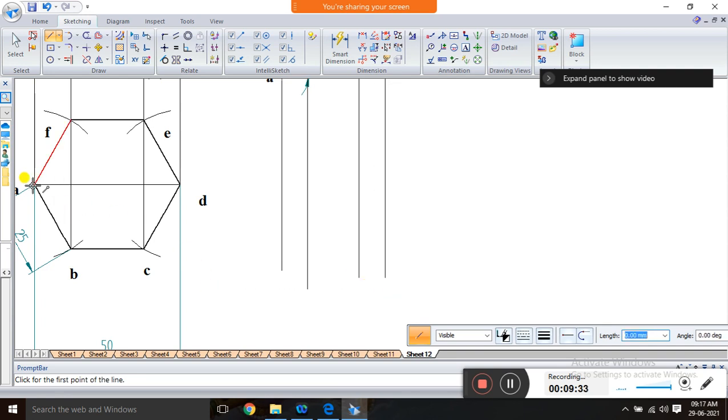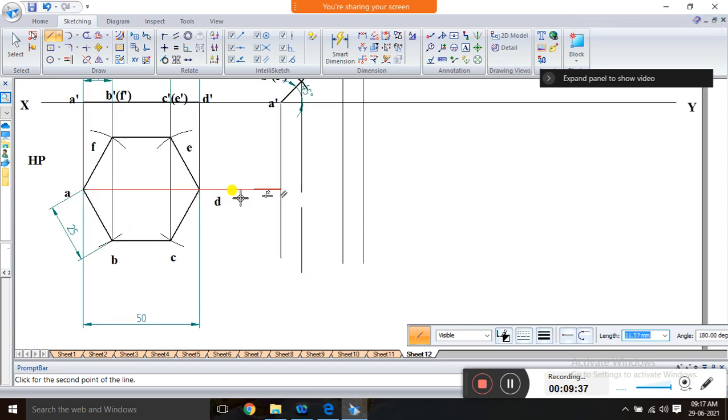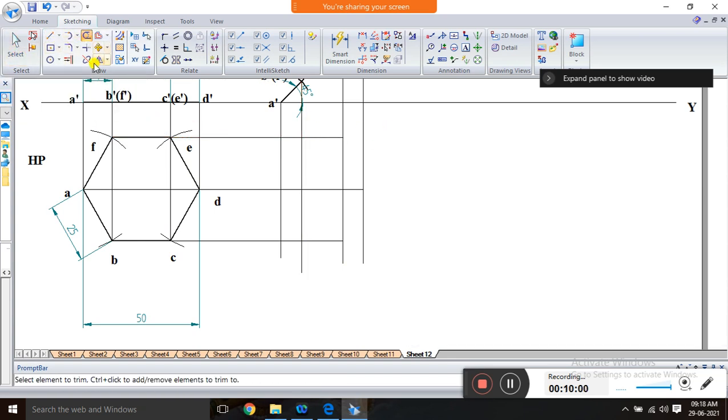First A point, here A point is there, and here A point intersects. Next B point is here, then C, then D, then E, then F. Finally, like this you have to place and remove the unwanted extra projections.